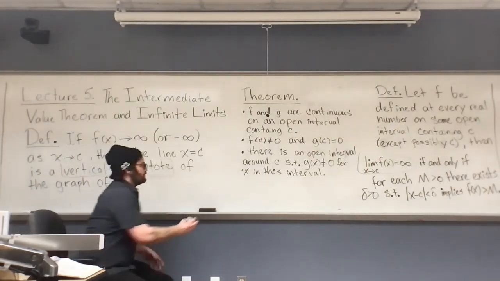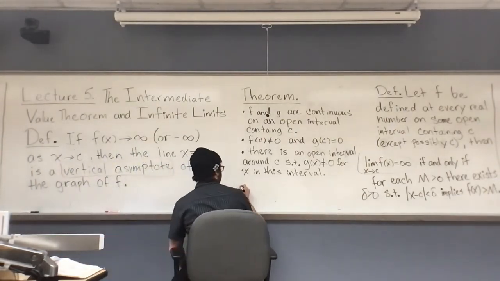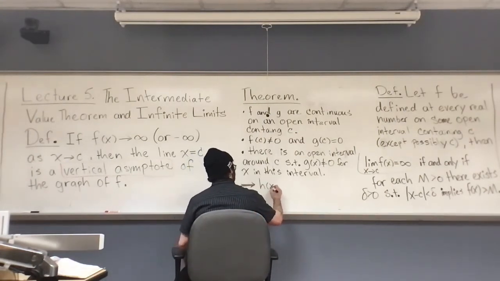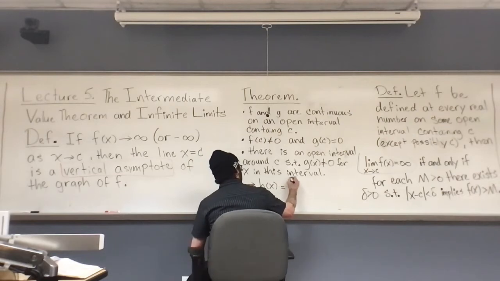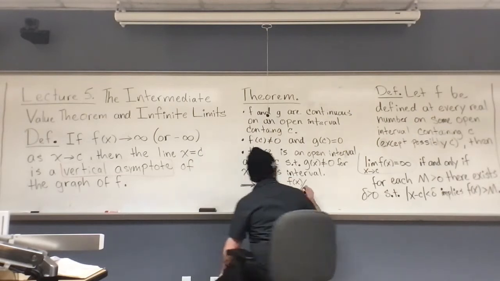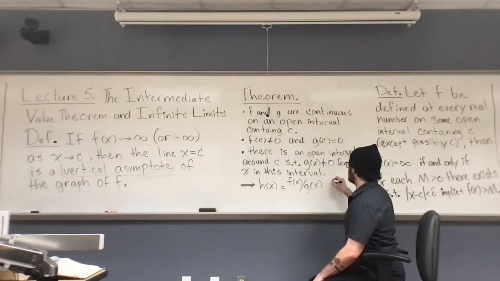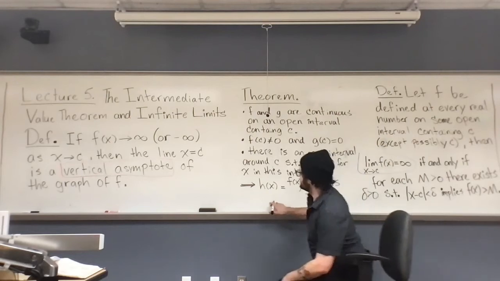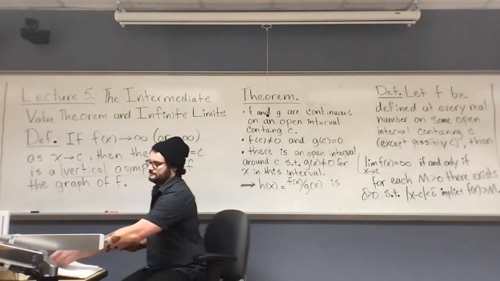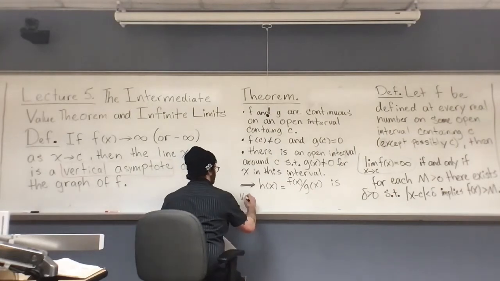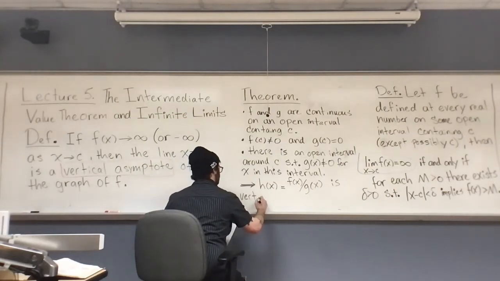If these things hold, then h of x equals f of x divided by g of x has a vertical asymptote at x equals c. Well, I should be very specific with that.